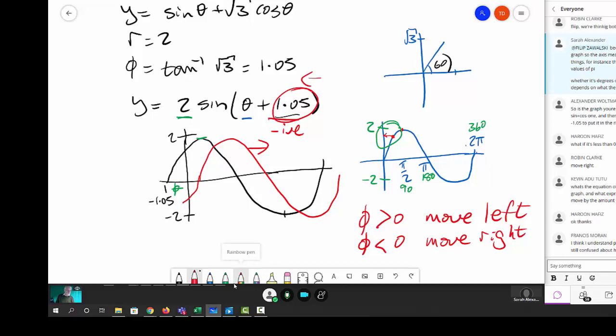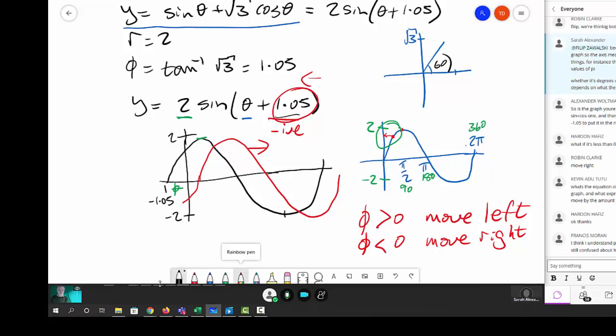Okay. Thank you. Right. So what the original graph is here: y is equal to sine theta plus root 3 cos theta. Then we've added them together to get this expression, which is rather scruffy now, which is 2 sine (theta plus phi), and we calculated the value of phi here. So let me write that here. What we've shown is that that is equal to 2 sine brackets theta plus 1.05 in this particular case.